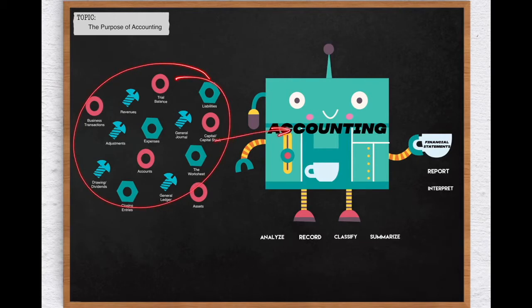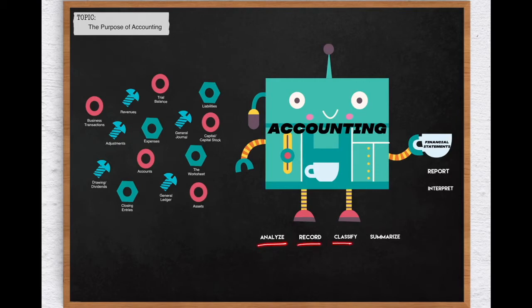In accounting, those on the left right there, those are the nuts and bolts which make up the robot. Those things we're going to learn throughout the semester. So the robot is accounting, makes coffee. And inside the robot, it analyzes, records, classifies, and summarizes financial information.